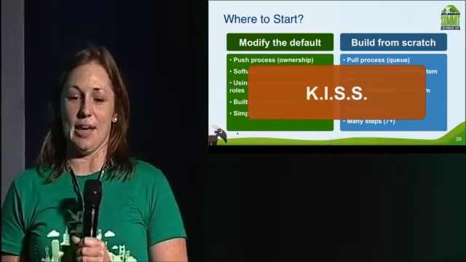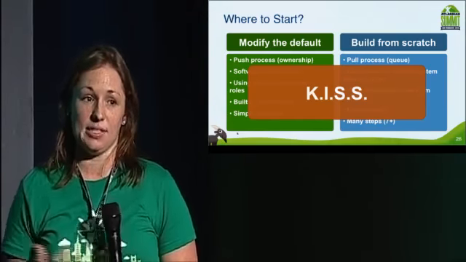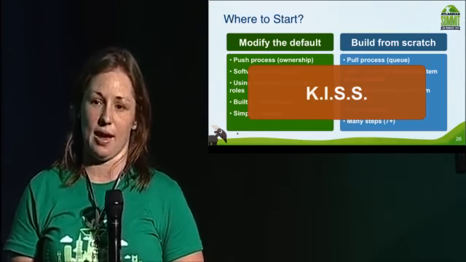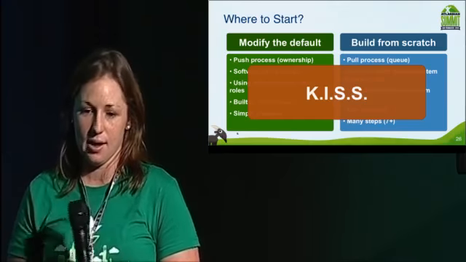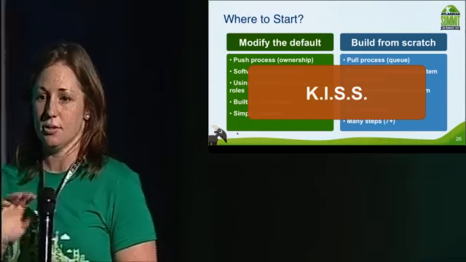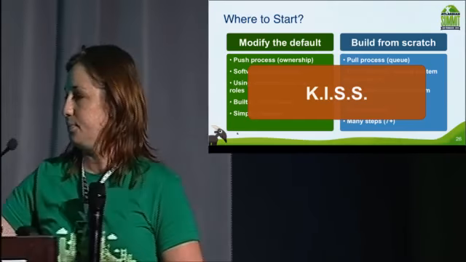Start with as few steps as possible, because there's always going to be something that comes up where somebody's going to say, I have to skip that, and that's such a pain. I have to go into the system and do this thing anyway. You don't want your users to have to do that. You want them to want to use this system. So start as simple as possible.